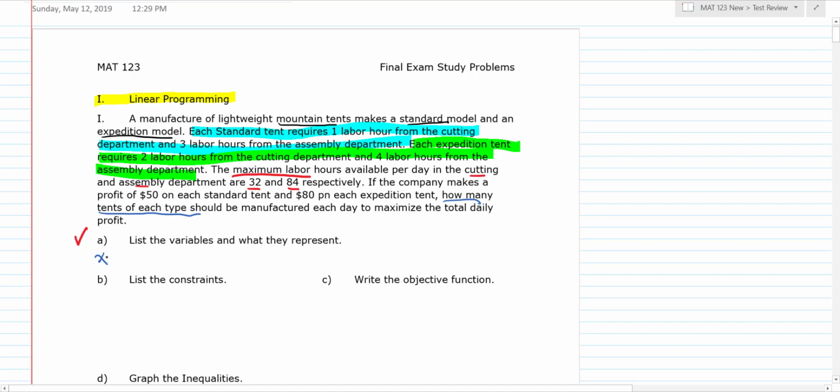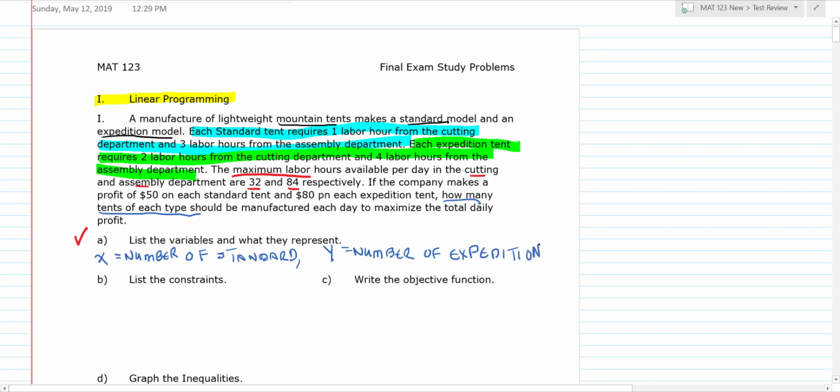We're looking for how many of each type. So X is the number of the first type of tent, which is standard tents. And the second variable, I'm going to call Y, is the number of the expedition tents. Okay, so you get that figured out.